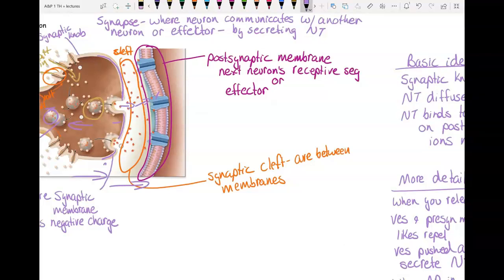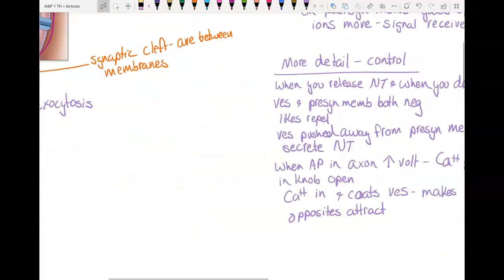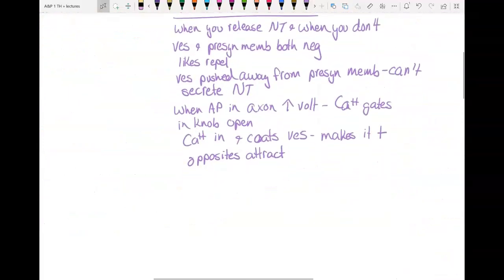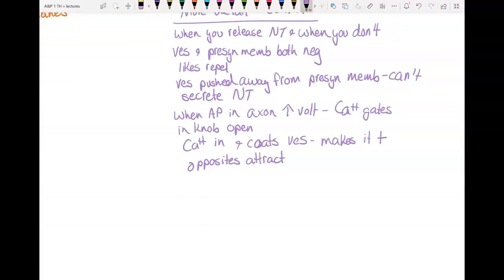And if you remember from back in chapter 4, that is exocytosis. So because opposites attract, the vesicle and the presynaptic membrane are attracted to each other and they will do exocytosis.